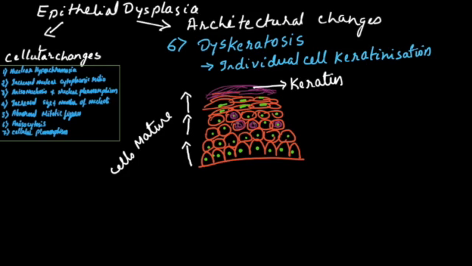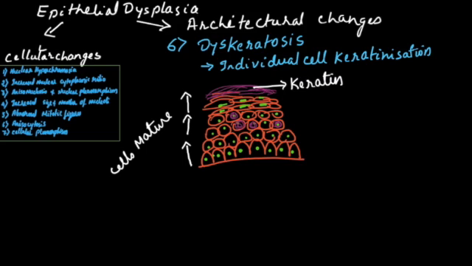This process has to happen smoothly, and it is a very important process. But sometimes what happens is that when the proliferation is too rapid, as we see in dysplasia, the maturation process is disrupted, leading to some cells maturing and keratinizing midway.